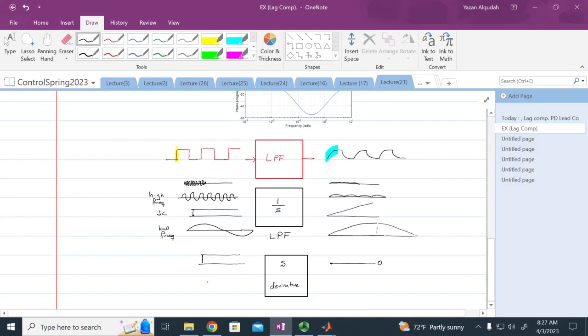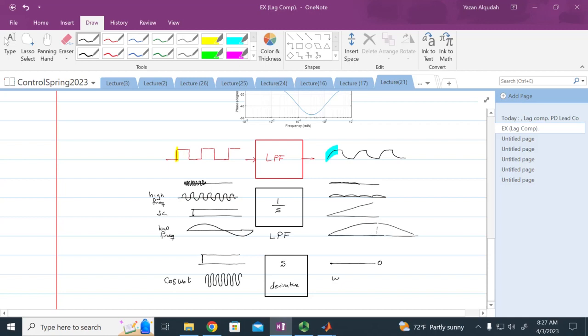And if I apply a sinusoidal signal, what is the output going to be? Is the sinusoid going to be bigger or smaller? Bigger.